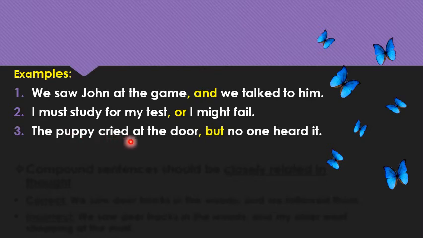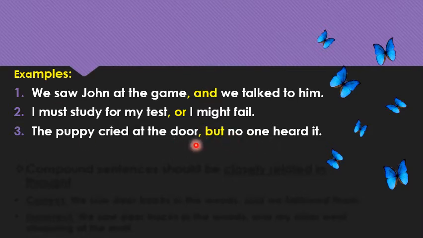The puppy cried at the door, but no one heard it. You see here, two sentences. I'm going to join them together by using a comma and a conjunction, the right conjunction, in order to create a compound sentence.